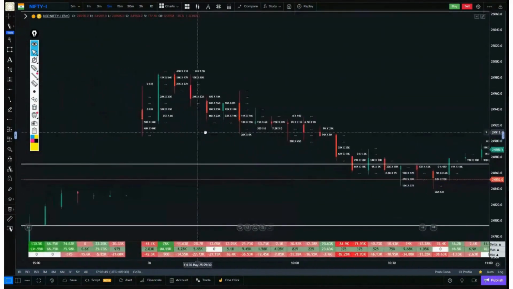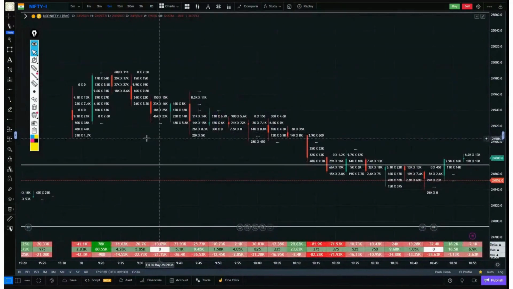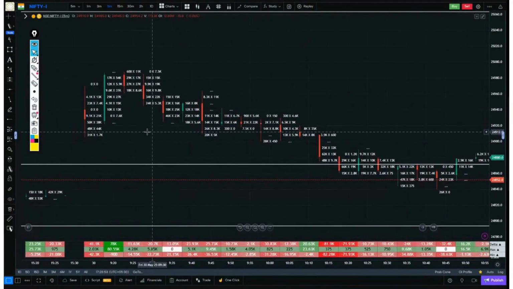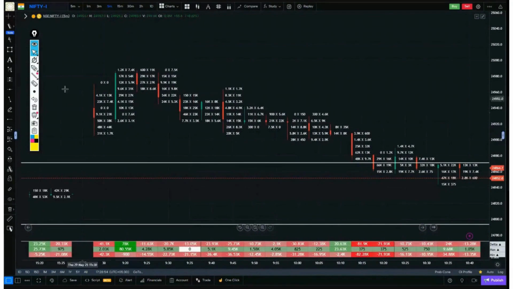Now, how to read the delta of those candles, like the first candle, and how to read their footprint. Let's take the first candle. What did the delta of the first candle indicate? There are more sellers, no problem. Jumped to the footprint.